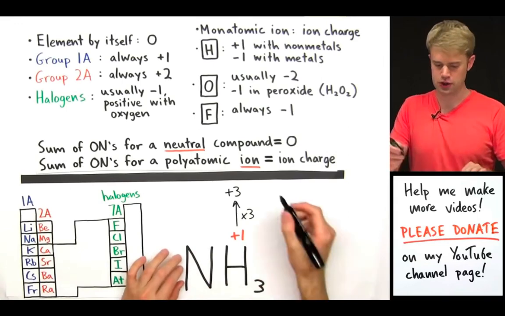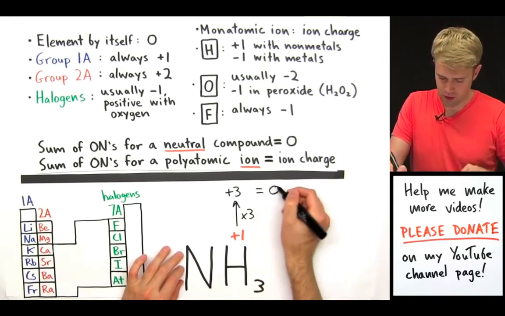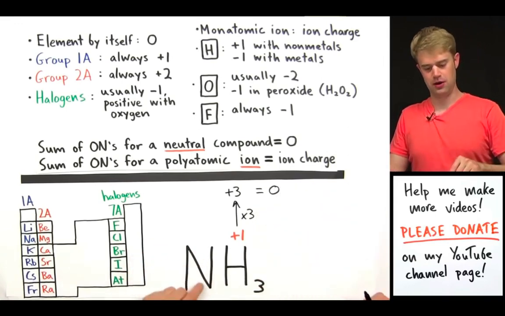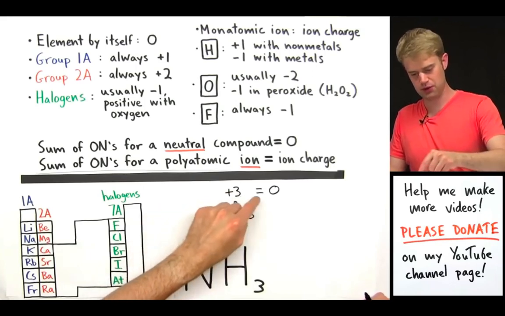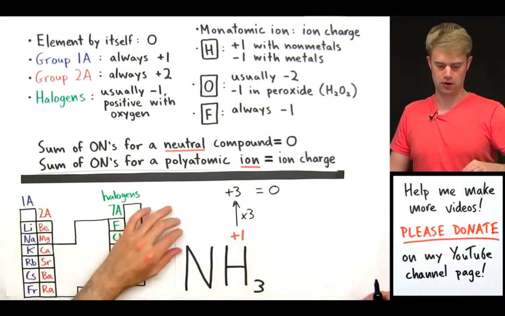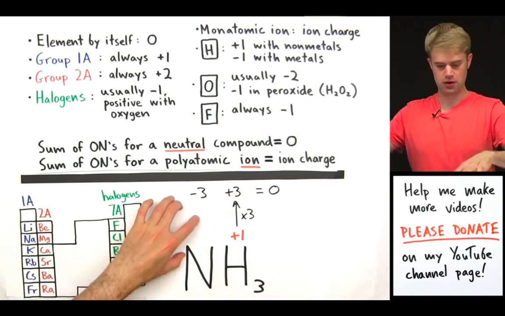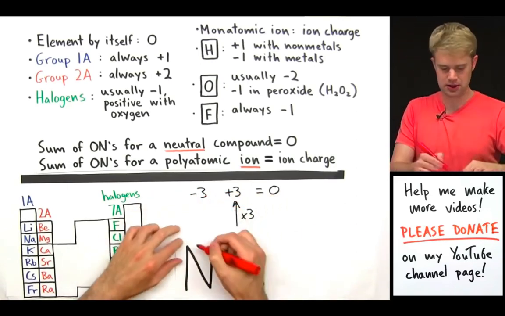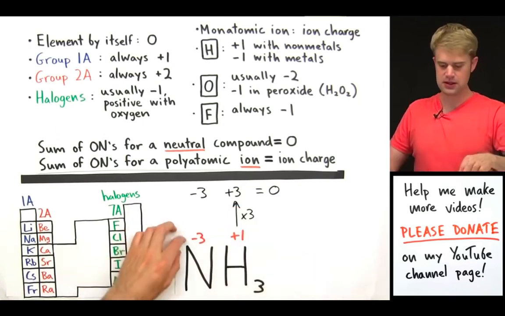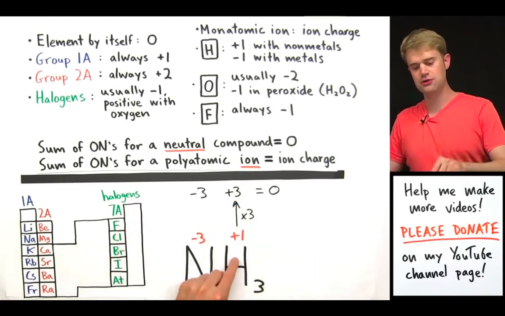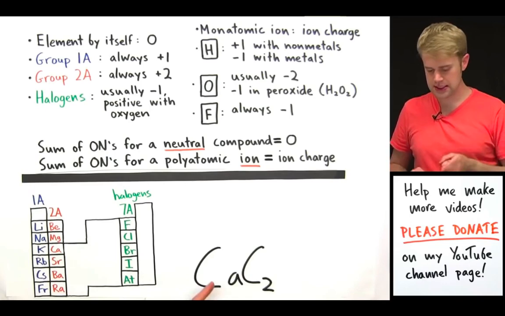We don't see any charge here. So whatever nitrogen's number here is needs to add together with +3 to make 0. So that means that nitrogen here has to be -3. That adds together to get 0. So its oxidation number is -3, hydrogen's is +1.